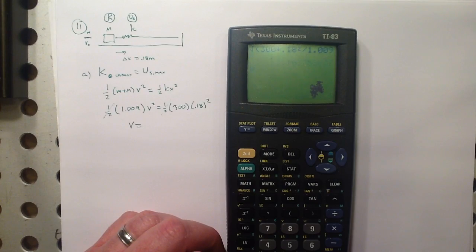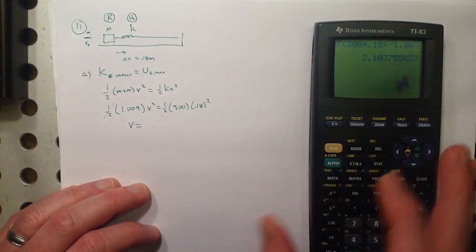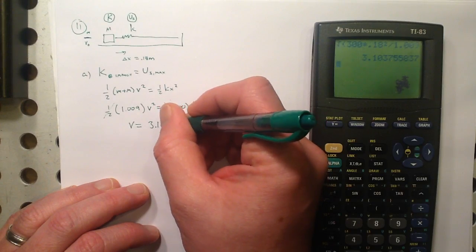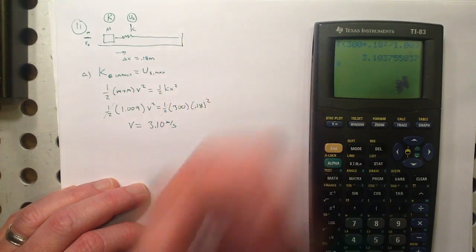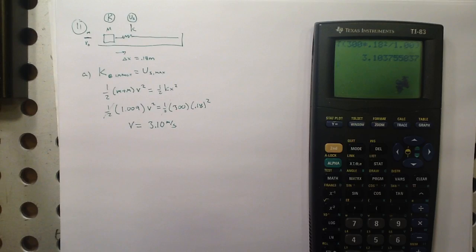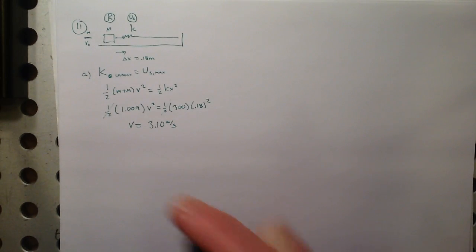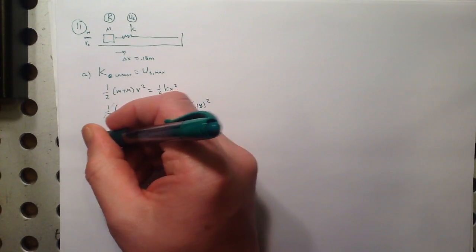That looks right. So that velocity is 3.10 meters per second. That's the velocity at the impact. We did that with energy. That was the way to do that.